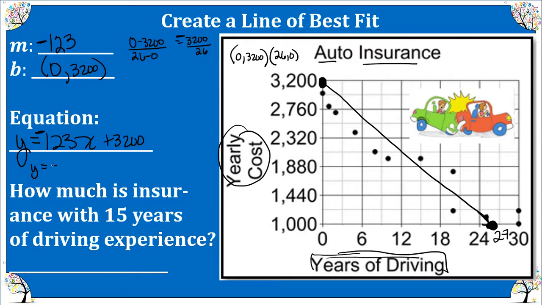So we're going to plug in 15 for x and calculate. Again, we're all going to have a little bit different values here. That is okay. And we get, I got $1,355.